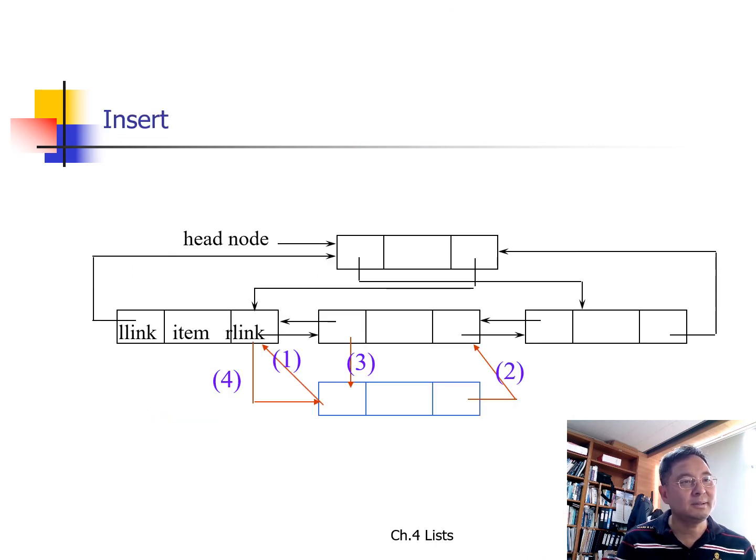Okay, so this is a header node and this is a node. This is a node and this is a header new node. So if we want to insert this node, this is a 1 and 2 and 3 and 4.